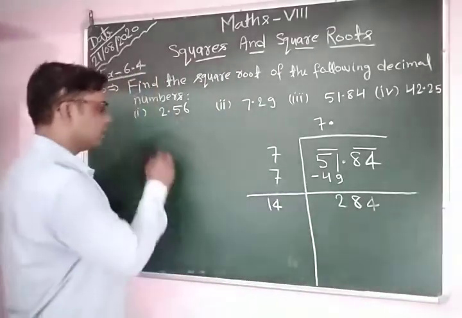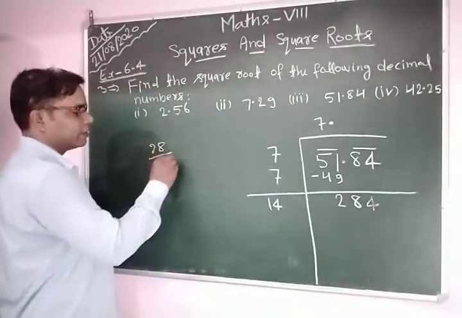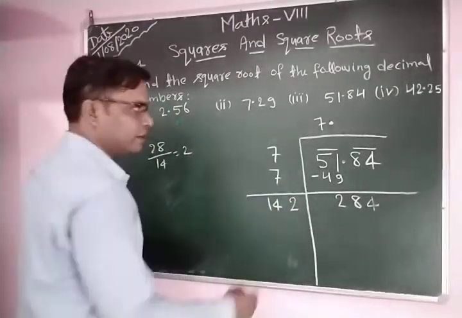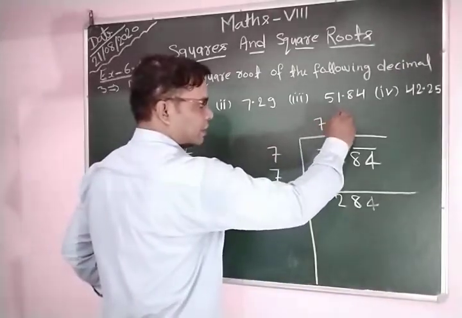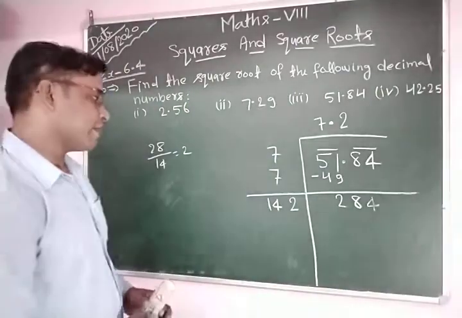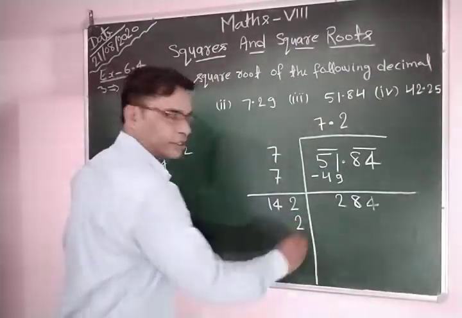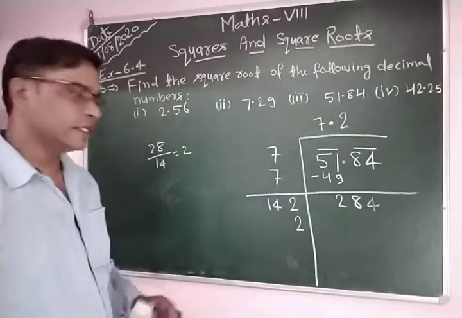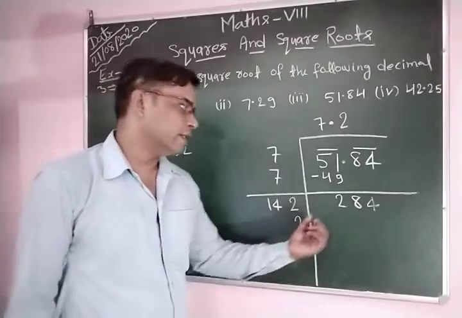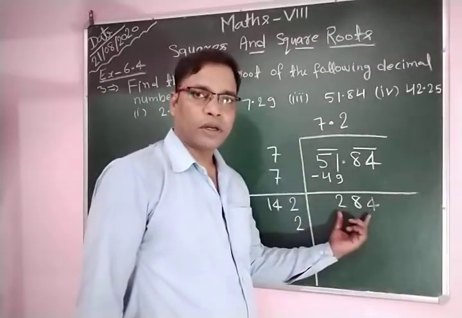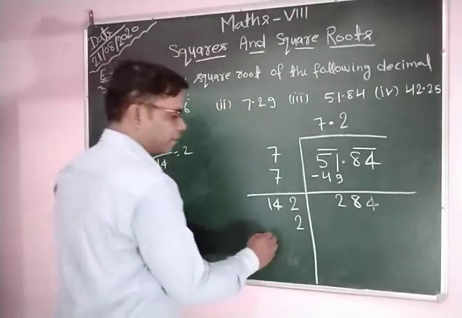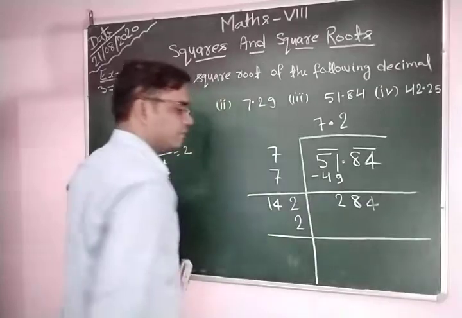If you divide 28 by 14, you get 2. So you can write here 2. Again we write this 2 in the quotient after the decimal point, and again write this 2 here. So this is our new divisor 142, and this is our new dividend 284.